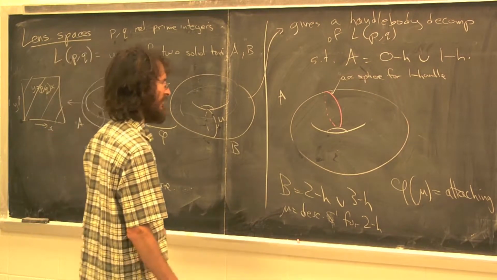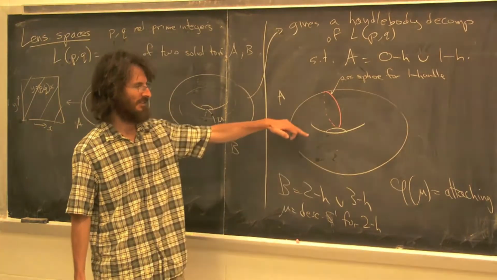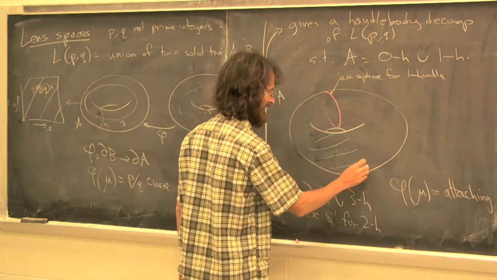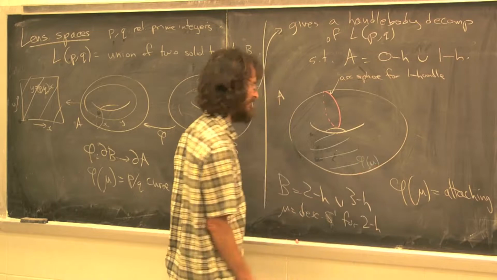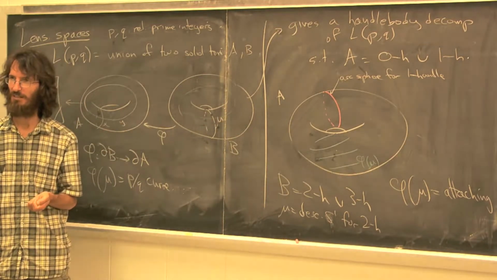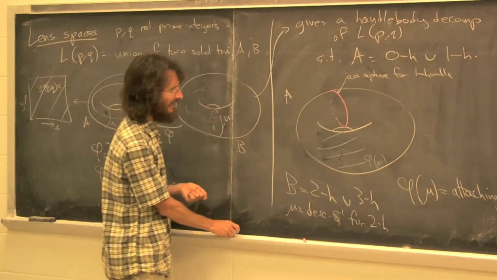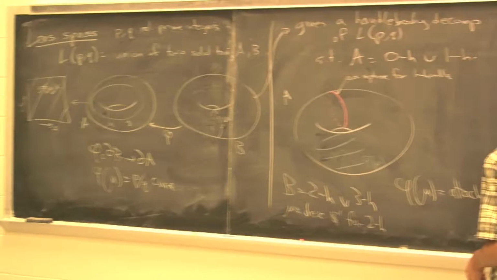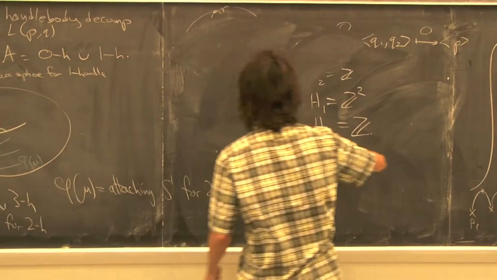Now the key thing is what we want to figure out. So here's phi of mu. It's winding around some number of times. What do we need to know in order to compute the boundary map now? We want to know how many flow lines there are. Let's do the easy part first.